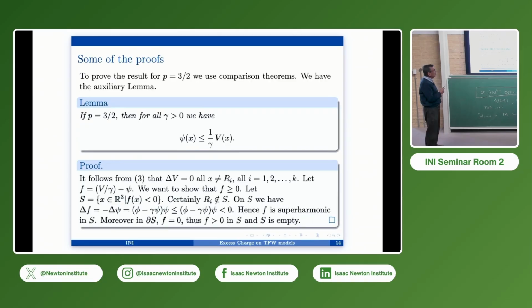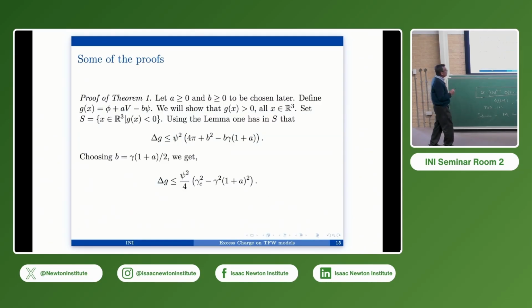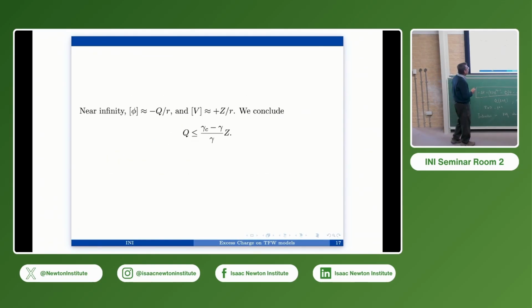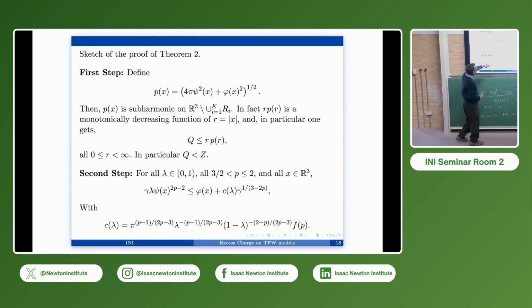So what we do is the following. Define that function p there, which is the square root of psi squared plus phi squared. Phi is the total Coulomb potential produced by the nuclei and the electrons, as I said before.